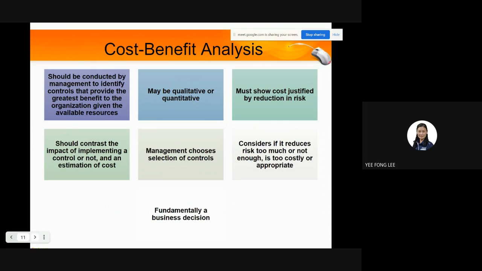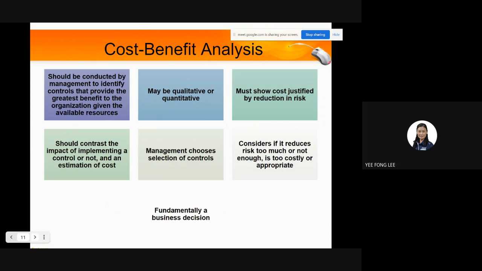However, if the control does not reduce the risk sufficiently, then they might need to consider either more controls or a different control. If the selected control provides sufficient risk reduction and is cost effective, then just use it.